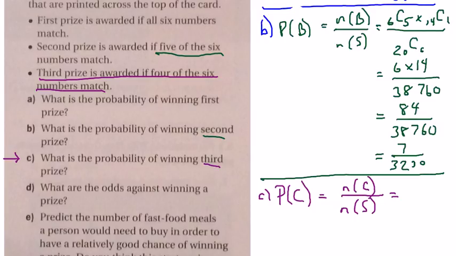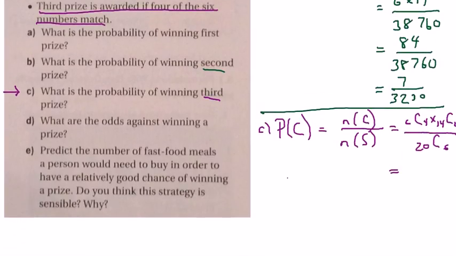And so that's out of 6 numbers that are winning numbers, we have to choose 4. But then also out of the remaining 14, we must choose 2 that are not winning. So there's 14 choose 2 ways that can happen. And we're going to divide by 20 choose 6, just like we have been all along.